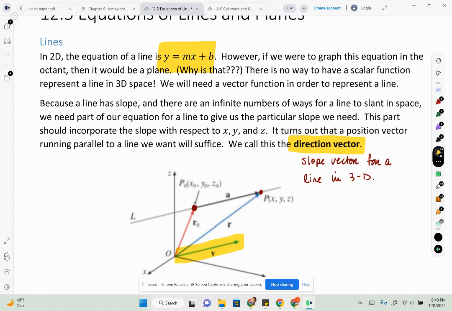It's not actually even on our line because our line is randomly in space, okay? All the vectors that we have are position vectors, so all of them start at the origin. R naught points at a point on the line, a specific point. R points at a general point on the line, and V doesn't point to the line at all. V is just parallel, and it is called the direction vector.